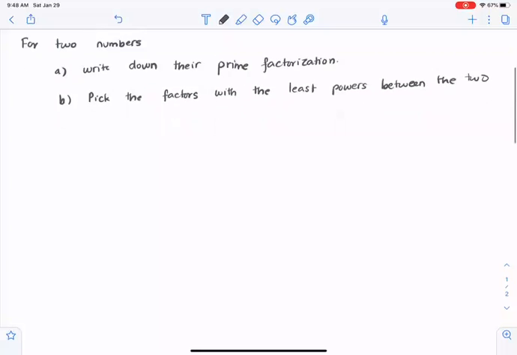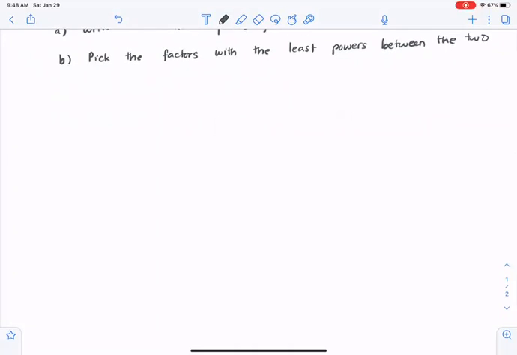So let me start with a simple example. Let's take 18 and 36. Now, clearly, 18 will divide 36, but we've got to come up with the greatest common divisor that will divide both 18 and 36.